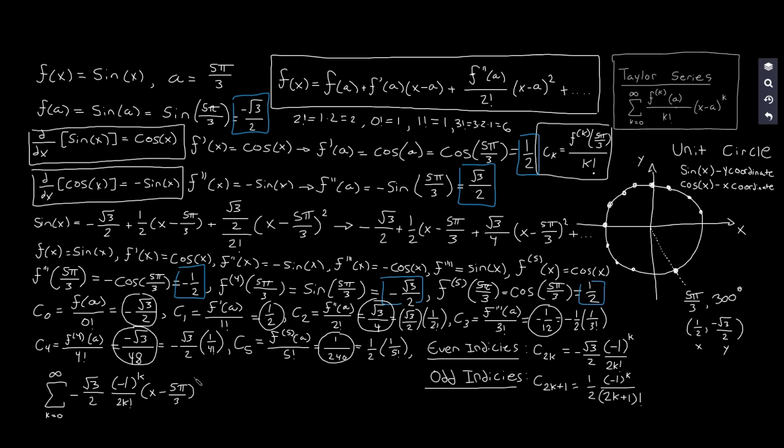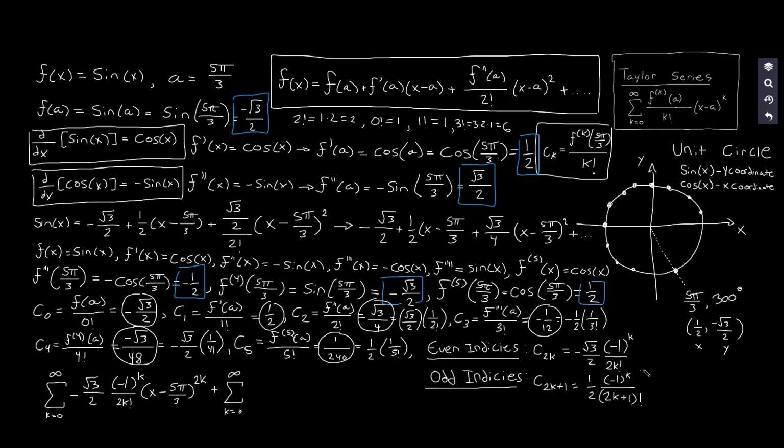Okay, but then we're going to raise it to the power of 2k, right? Then for our second summation, which is going to be the representative of the odd indices, we're going from k equals 0 to infinity. For the odd indices, c sub 2 times k plus 1.